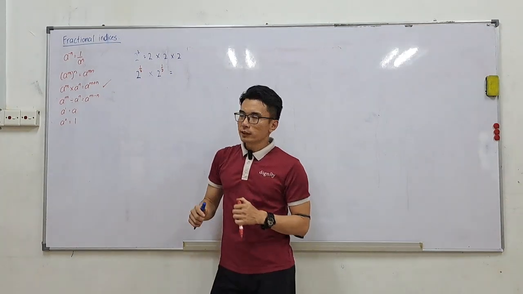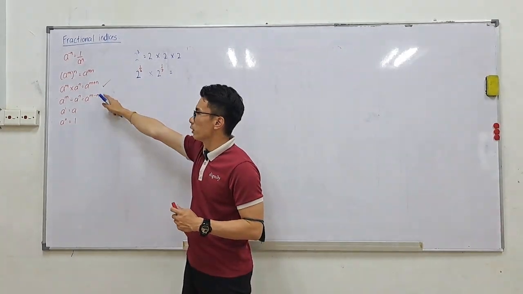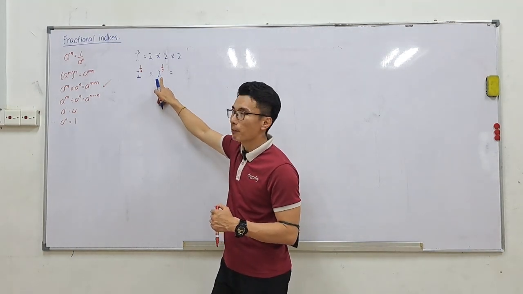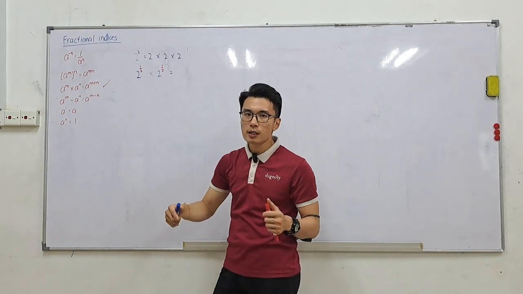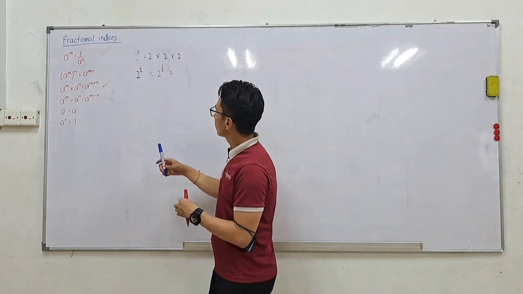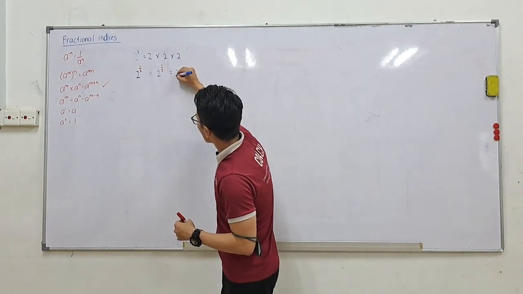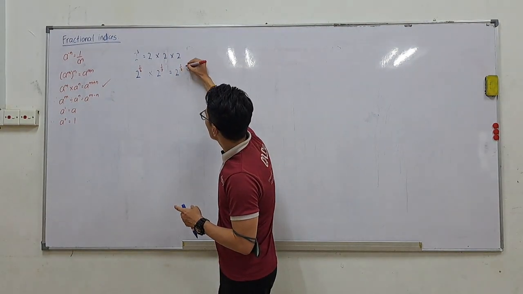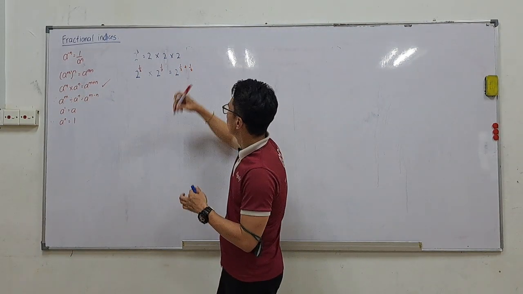Based on the index rule, if I multiply the same base, I can add the powers. So the base is 2, and the power is 1 over 2 plus 1 over 2.